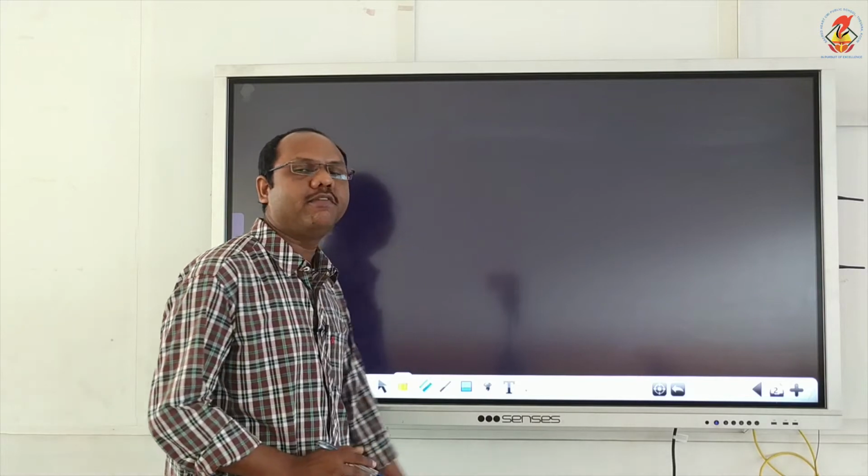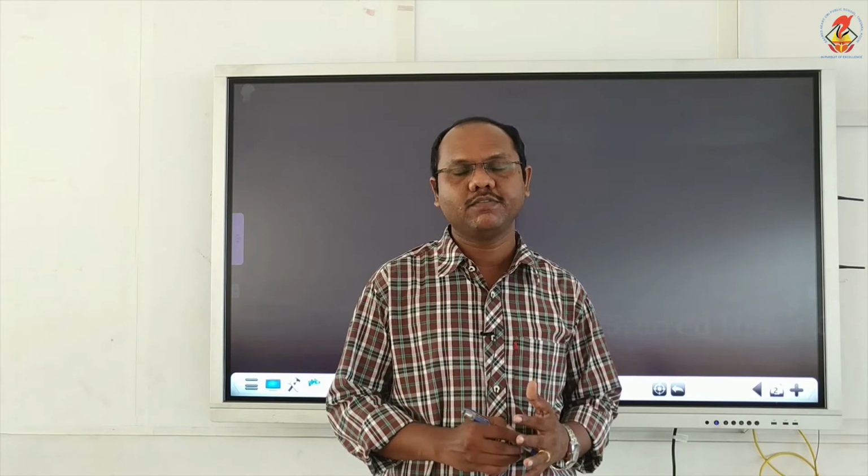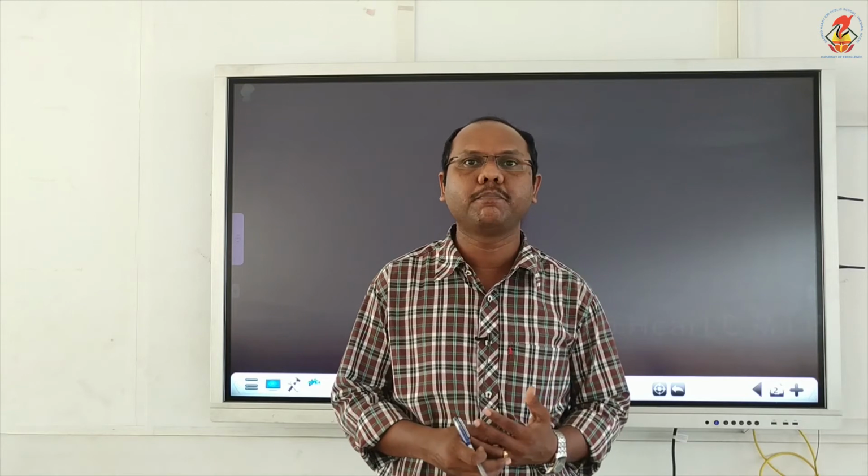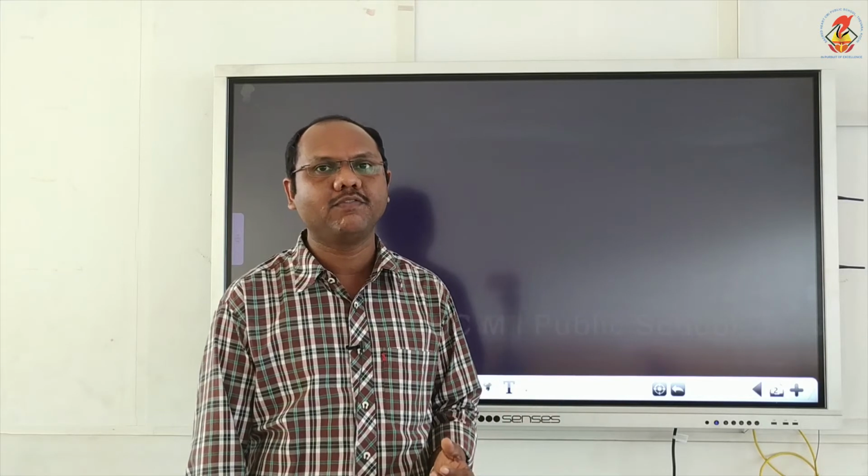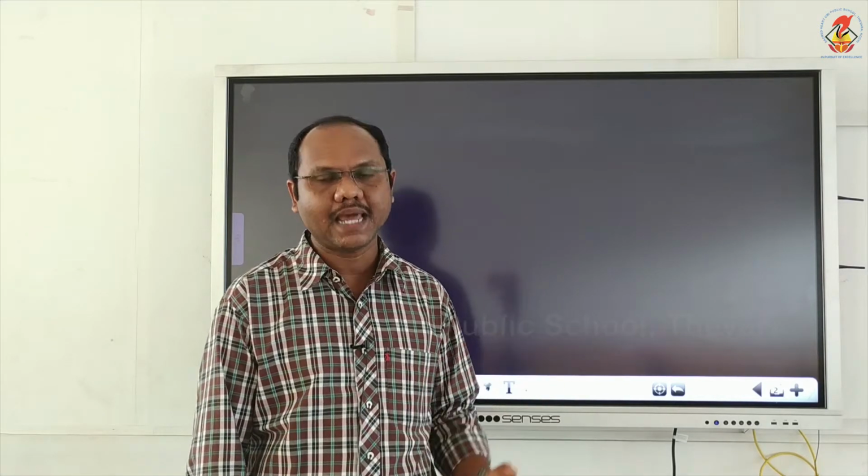Imagine a wave is propagating along the positive x axis. As we discussed in the previous section, if the wave is propagating along the positive x axis, the electric field will be along the y axis and the magnetic field will be along the z axis.